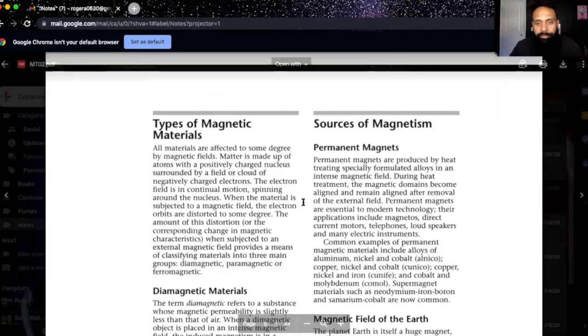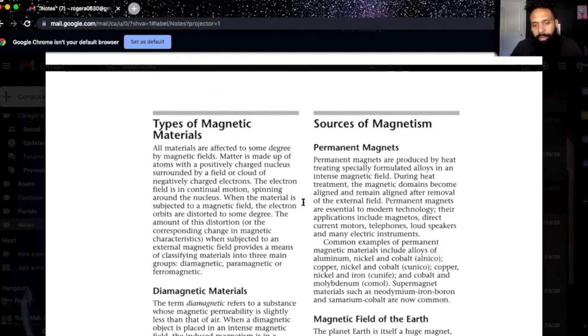Sources of magnetism. Permanent magnets. Permanent magnets are produced by heat treating specially formulated alloys in an intense magnetic field. During heat treatment, the magnetic domains become aligned and remain aligned after removal of the external field. Permanent magnets are essential to modern technology. Their applications include magnetos, direct current motors, telephones, loudspeakers, and many electrical instruments.